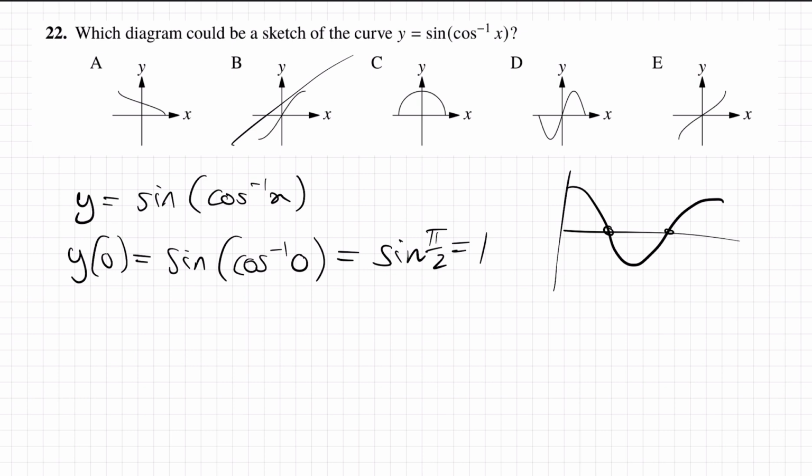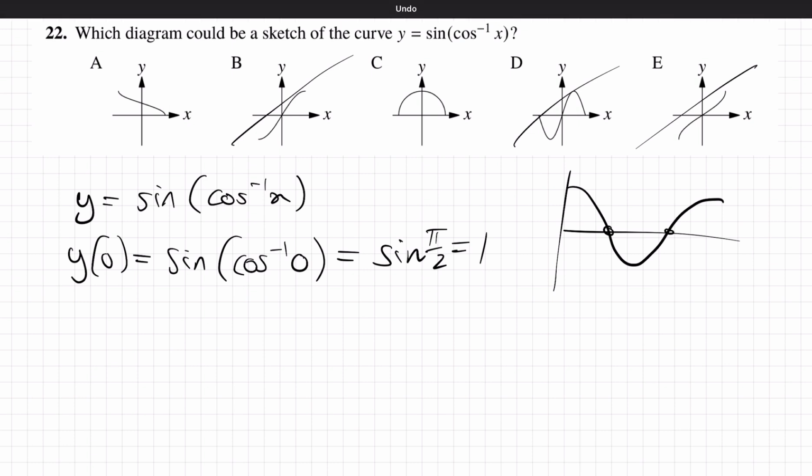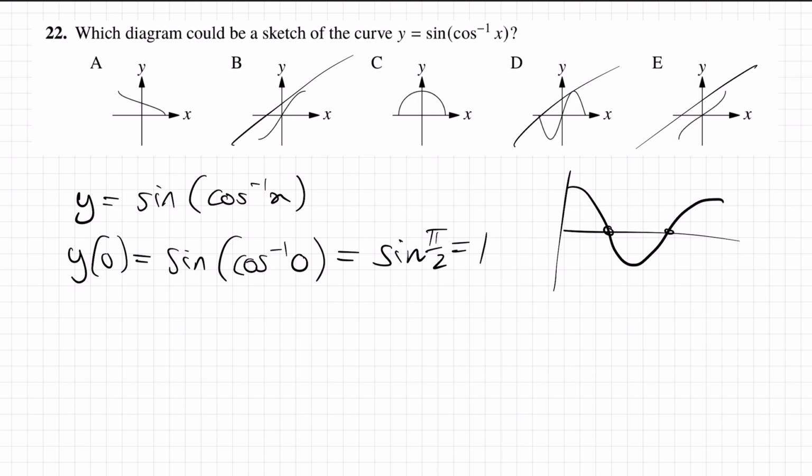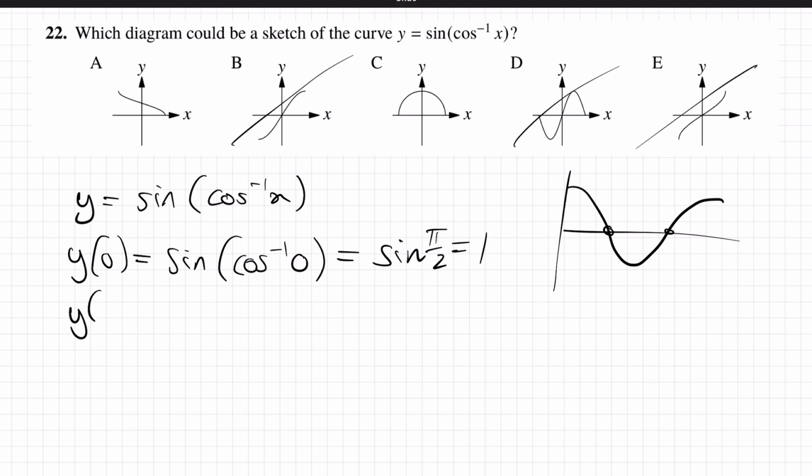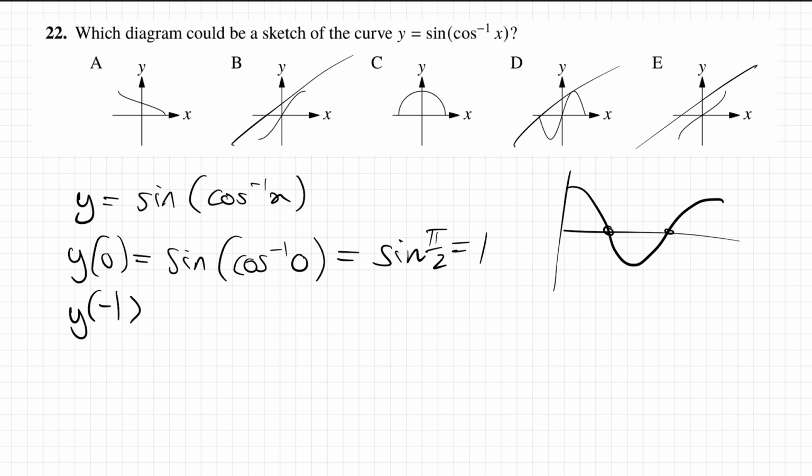We can eliminate d and e. So that just leaves a and c. Now, a and c have a common point around here. So now let's try y of minus 1. We don't actually know what the x-coordinate of this is, but we'll try y of minus 1. And you'll see why in a second. So if we have arc cos of minus 1, now this is exactly pi.